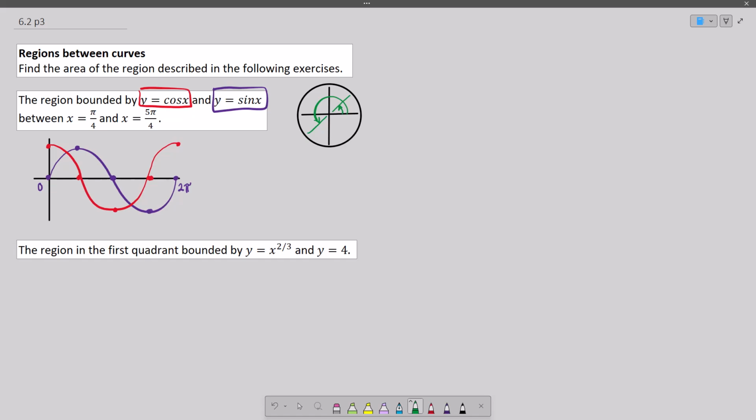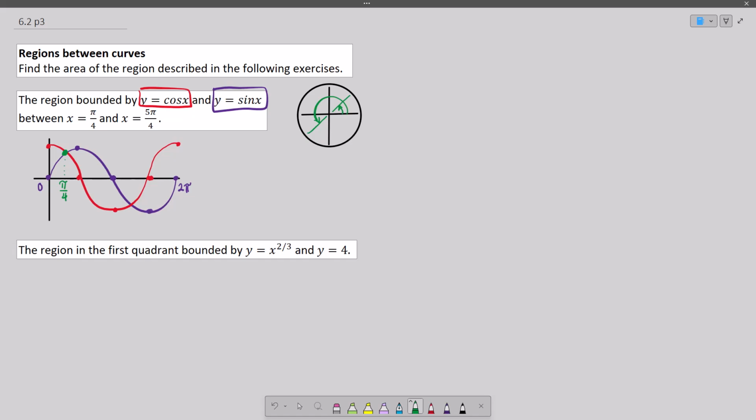What we know is that at pi over 4, sine and cosine are equal, right? That corresponds to this point of intersection right there. That is going to be pi over 4. It's where sine and cosine are equal, so their graphs will cross. Similarly, at 5 pi over 4 down in quadrant 3, sine and cosine are both negative root 2 over 2.